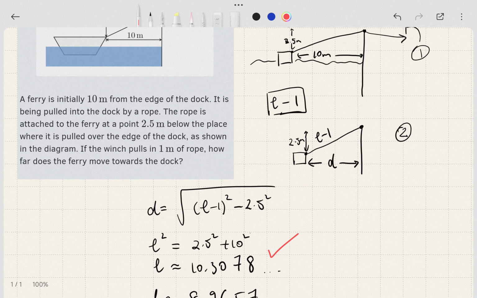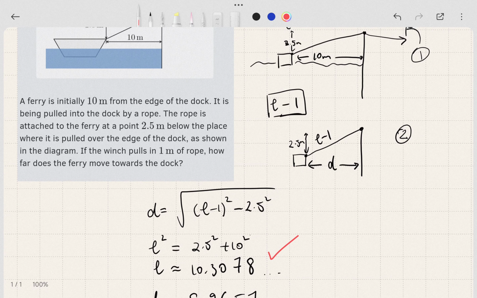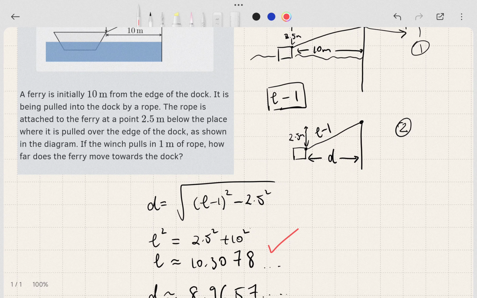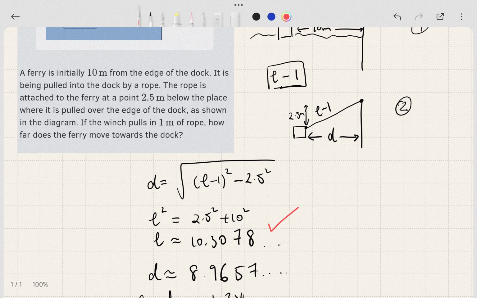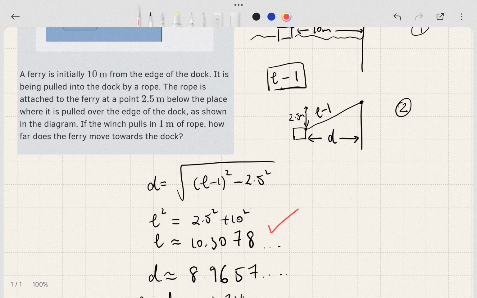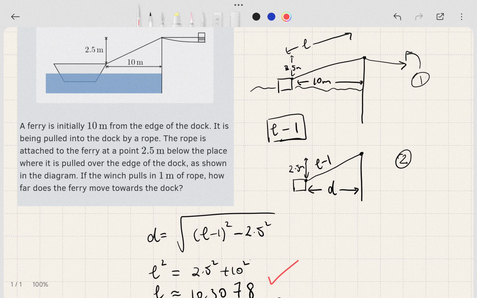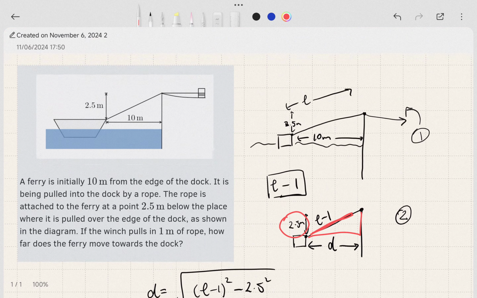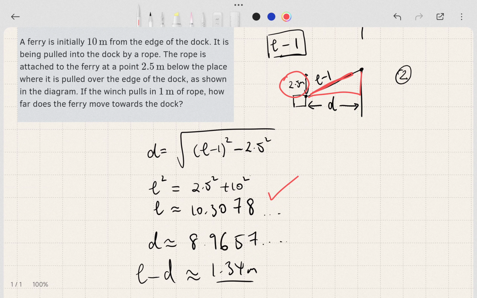Well, we know that the vertical height did not change, so we can essentially say, well, we know L, we just need to do L minus 1 squared. So that gives the hypotenuse of this triangle, and then minus the 2.5 squared. This gives an answer of 80.38, and then because the answer we get is D squared, we have to take the square root of that number.